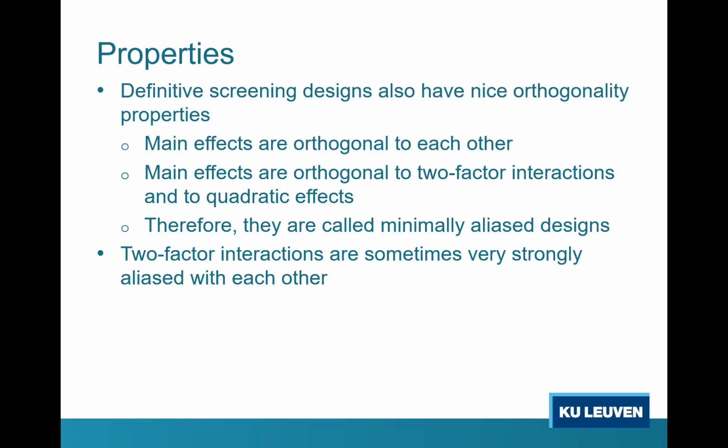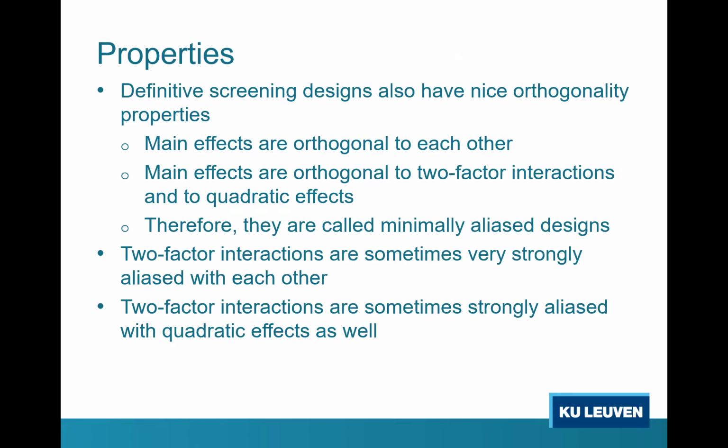But we've seen that there is quite a lot of pink in the central part of the color map. So that means that there is not so good news for the two-factor interaction effects, because they are very strongly aliased with each other. And in some definitive screening designs, the interaction effects are also pretty strongly correlated with the quadratic effects.